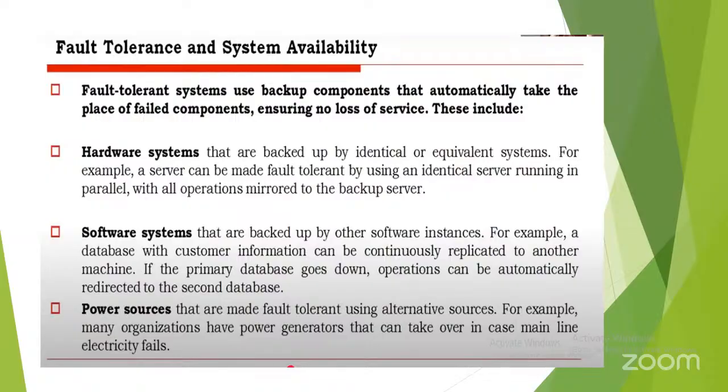So when the power is gone, no problem. The inverter will start immediately. The fan restarts again, the AC restarts again, the light restarts again. There is no disturbance of your regular activity. So the inverter works automatically. Even if the power goes off, the AC restarts and the connections remain. If a home is not capable of having an inverter, at least a light should be on. There are charging bulbs and charging tube lights also. So when the power is gone, automatically that light will start, that light will be on. That is power backup. So that is power failure tolerance.